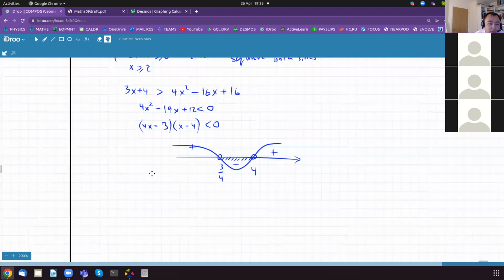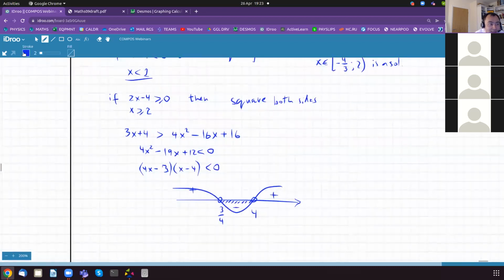But we have to consider that x is greater than 2. So 2 is here. And we're only allowed to have this.